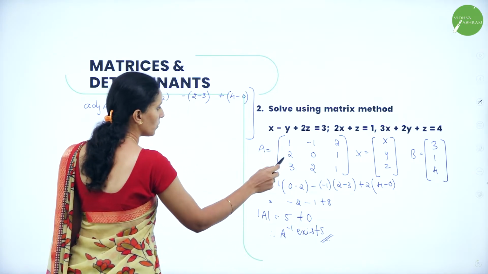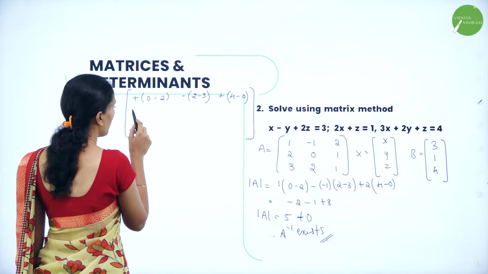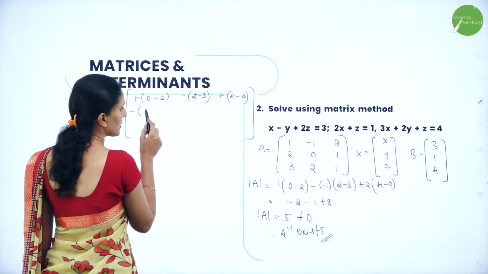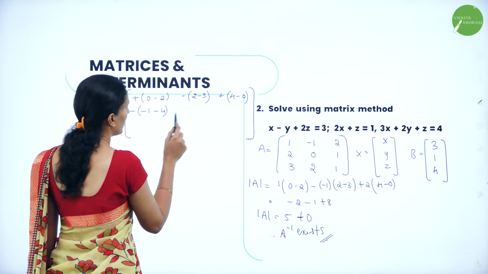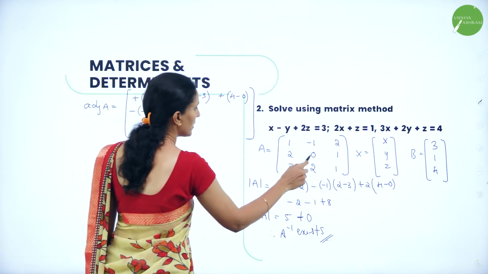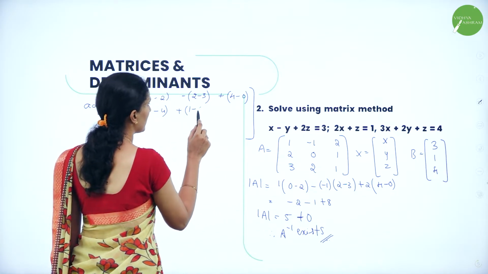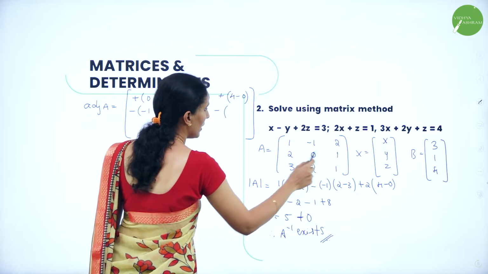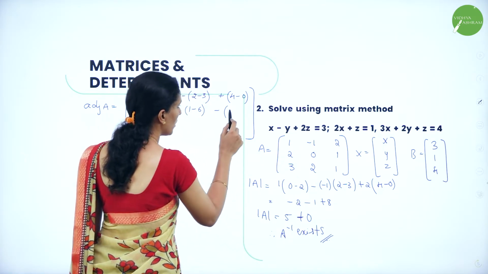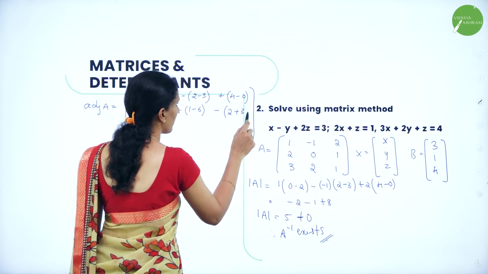Let's find for 2. So for 2 it is minus 1 into 1. So minus outside. So it is minus 1 minus 4. Next plus. For 0 it is 1 ones are 1 minus 6. Next minus, for 1 delete row and column, 1 2s are 2 minus 3 becomes plus 3.